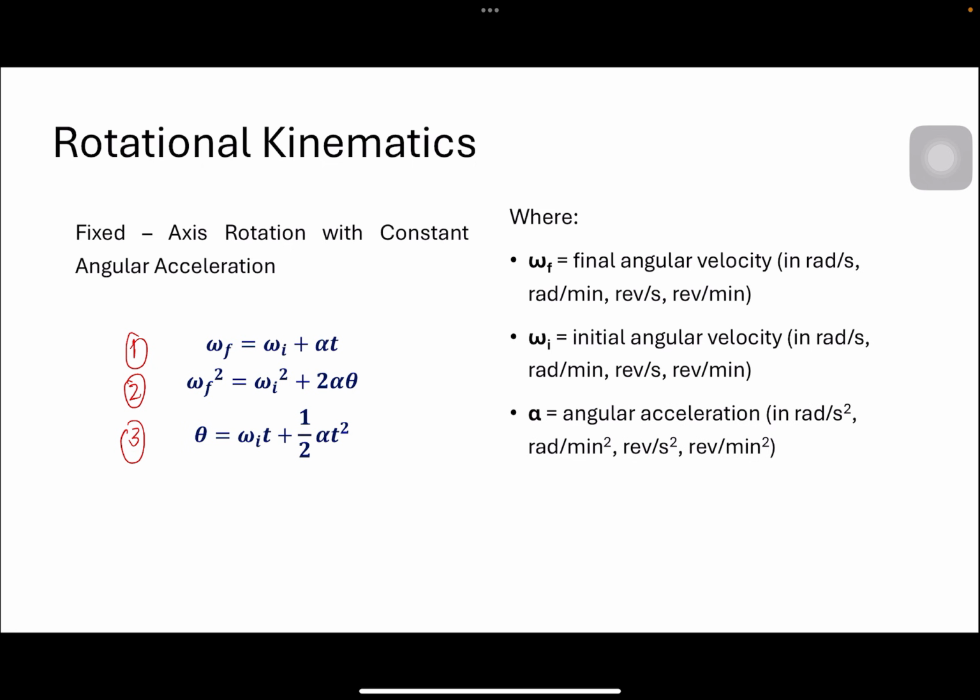Then you have your angular acceleration, in units of radians per second squared, radians per minute squared, or revolutions per second squared, or revolutions per minute squared. Then you have your angular displacement, which is in radians or revolutions, and then t is your time.